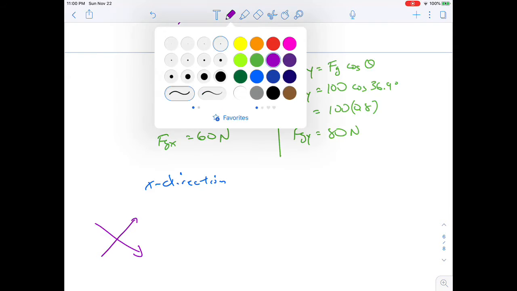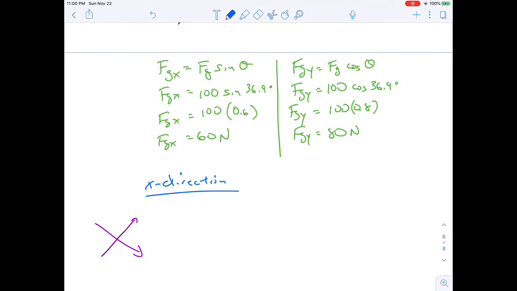But that's fine. If it gets bothersome, you just got to pretend to tilt it. Right?